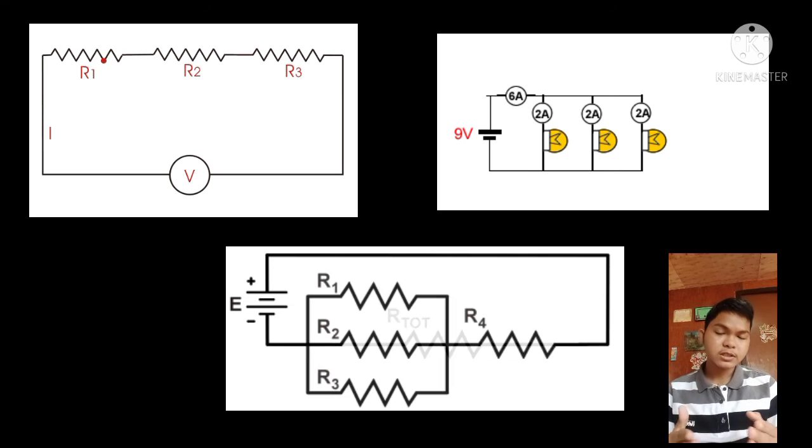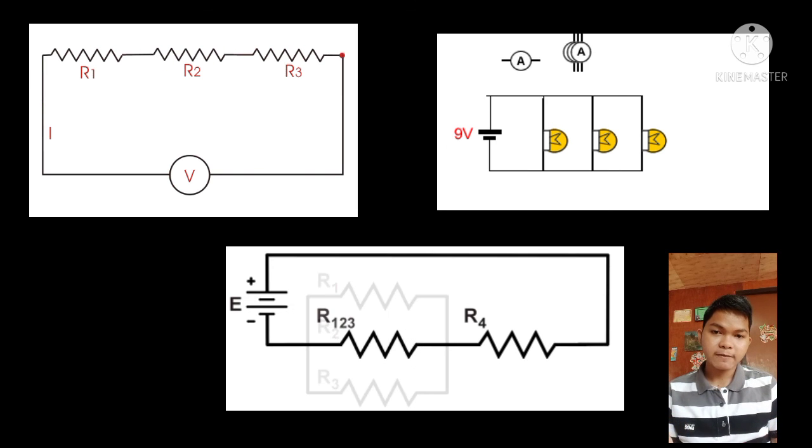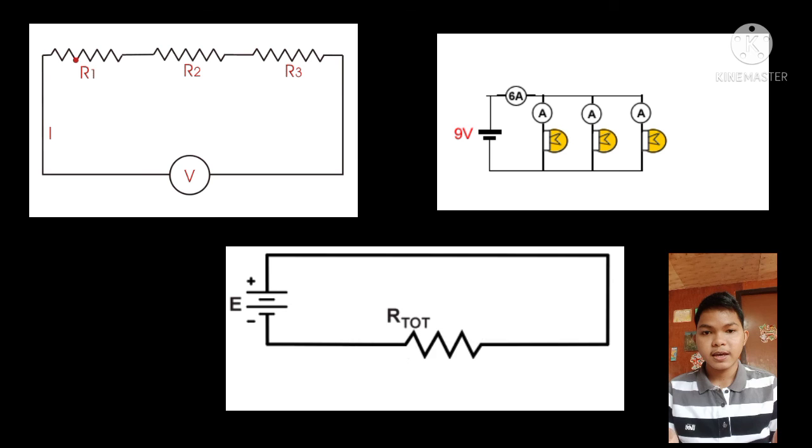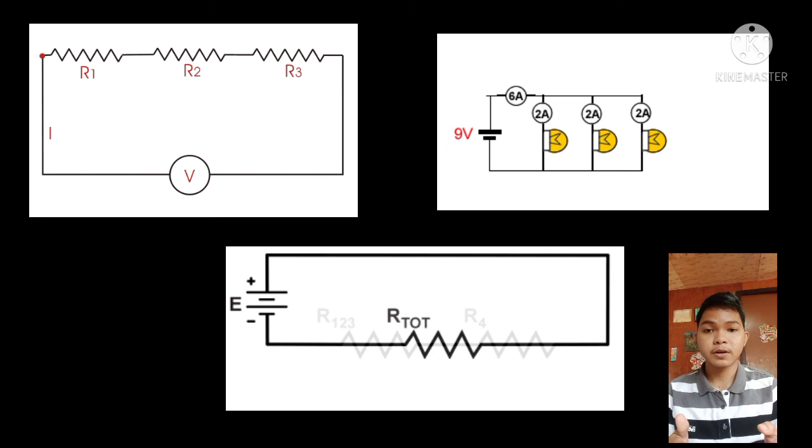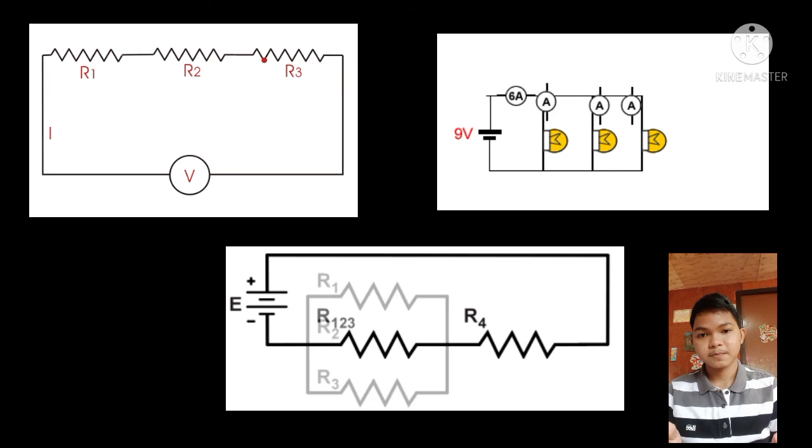So in the series circuit, we have the same value for currents, and that's why this series circuit is not ideal for home appliances.